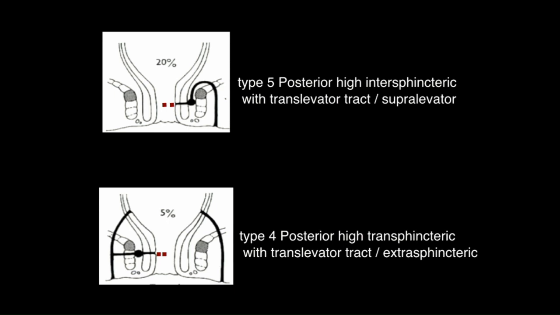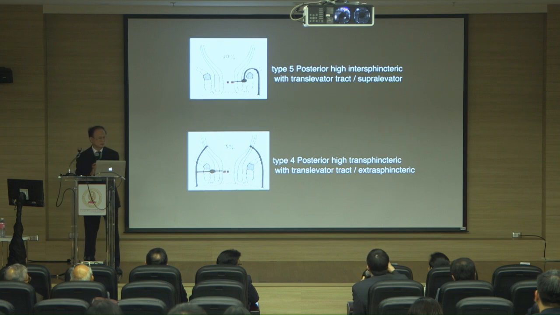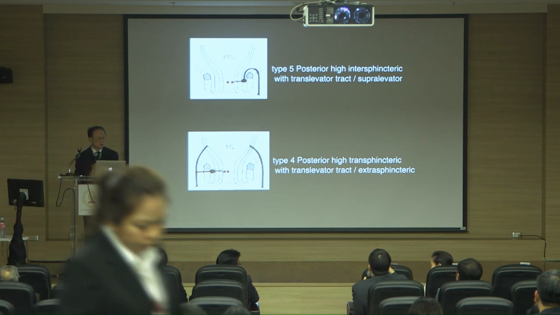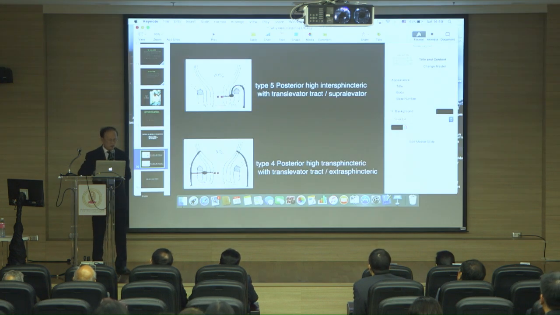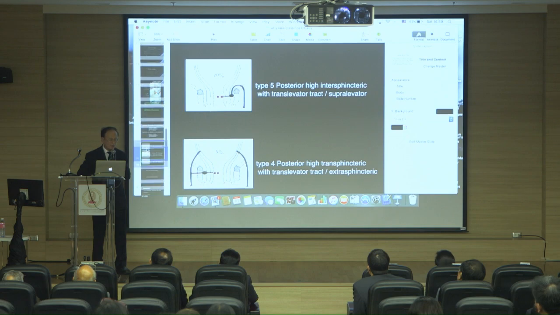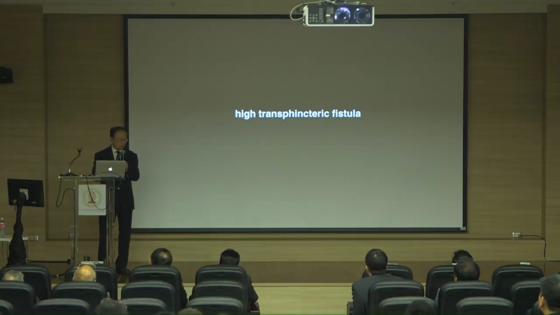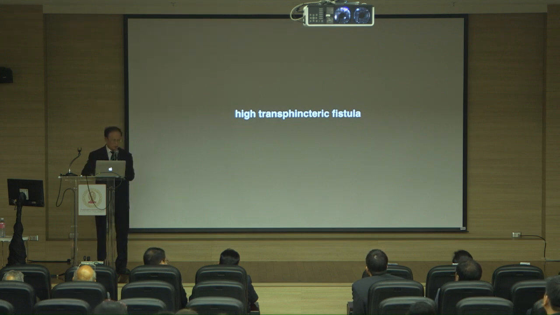My second question is, I think the key point of how to differentiate between low transsphincteric and high transsphincteric is still problematic, because we have different opinions on this. I have this answer. In the old days it was difficult, but nowadays we have imaging studies, and we know more about the anatomy, so I will explain the high and low.